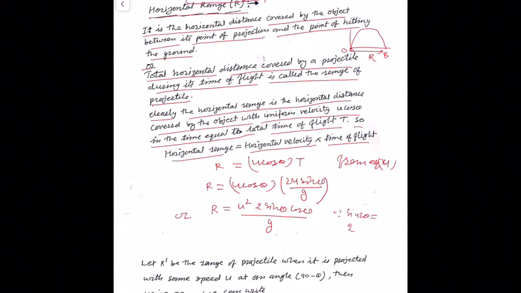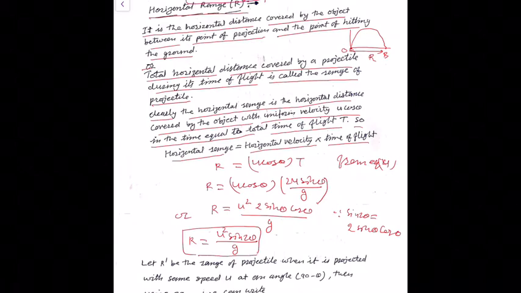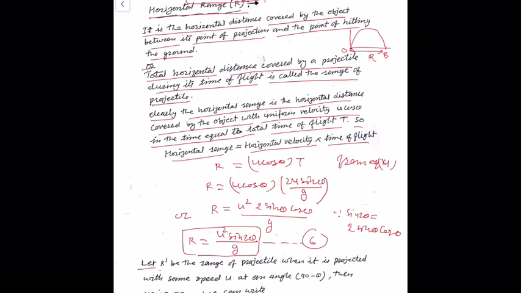Since sin 2 theta is equal to 2 sin theta cos theta, so R is equal to u square sin 2 theta upon g. It is the range. Equation 6.